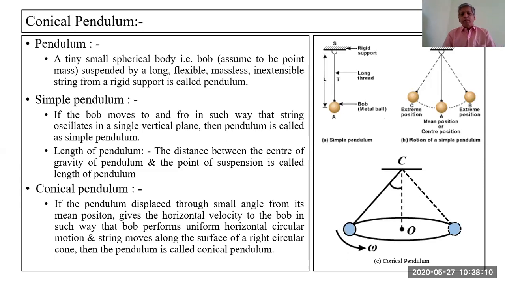Before I explain the conical pendulum, we must know what is meant by a pendulum. A pendulum is nothing but a small tiny spherical body, which we assume to be a point mass, suspended by a long, flexible, massless string, of negligible mass and inextensible, not stretchable, from a rigid support.